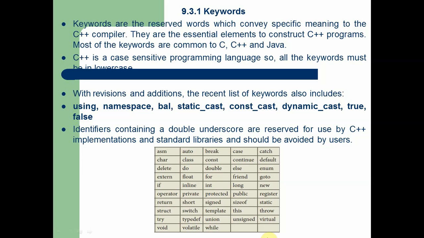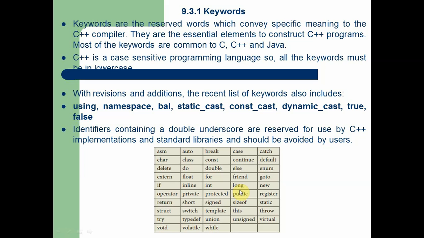So in this table you can see many words: auto, break, case, catch, char, class, const, continue. These are some of the words which are reserved for C++ language, and these words give special meanings to the compiler. It means some instruction to the compiler. These words are case sensitive.